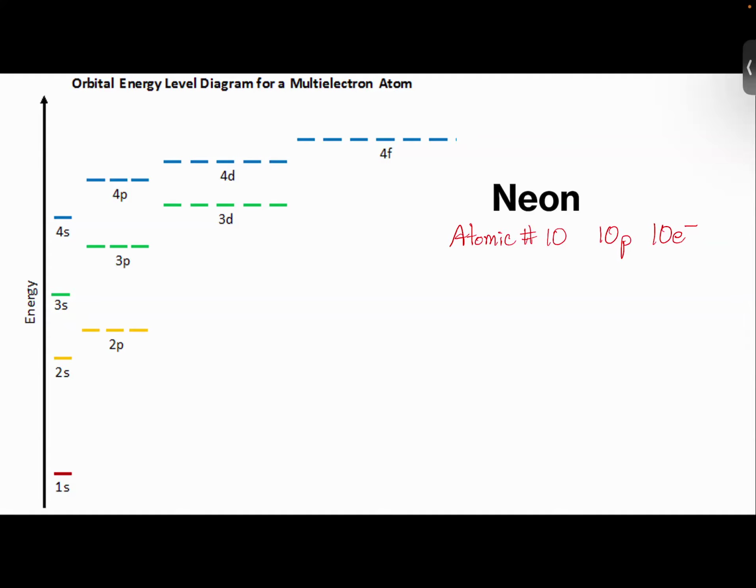We always follow the Aufbau principle by placing our electrons in the lowest energy shell and subshell first. So we place them in the 1s before moving to the 2s, and then we move to the 2p. Because the 2p has 3 orbitals in that subshell, they are degenerate, so you place 1 electron in each orbital before pairing them up.